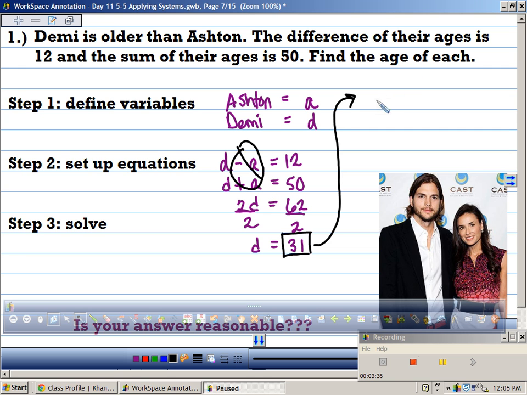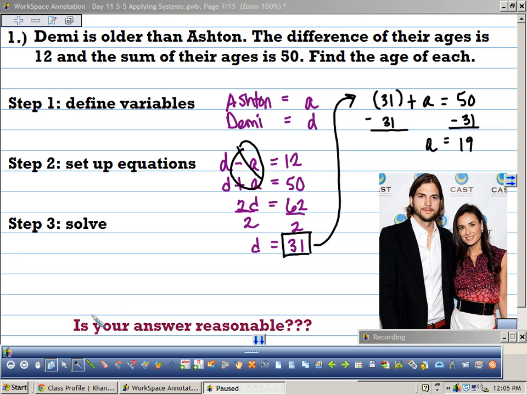So we have D plus A equals 50, so we have 31 plus Ashton's age equals 50. So how would I solve that? Christina, how would I solve this? Subtract 31. Good. Subtract 31, and I would get Ashton equals how much? 19.